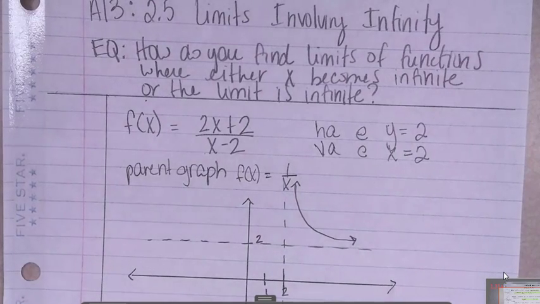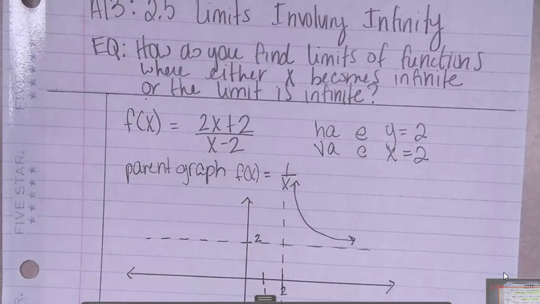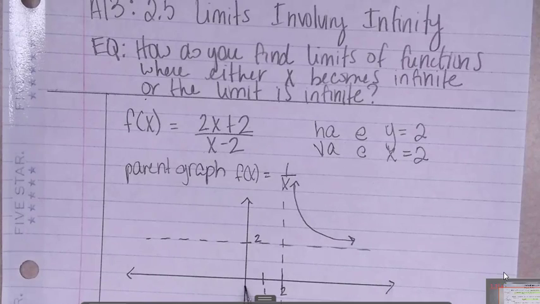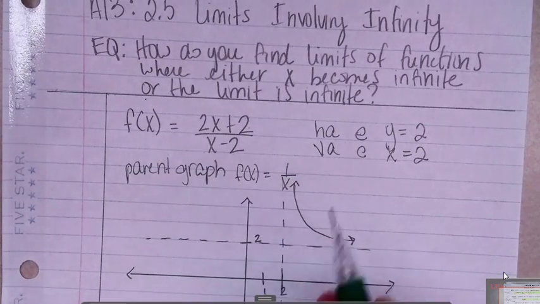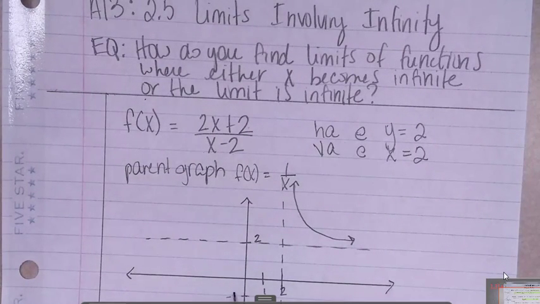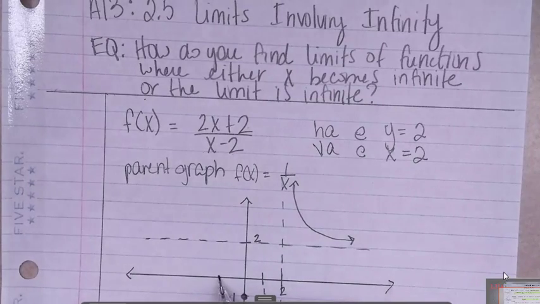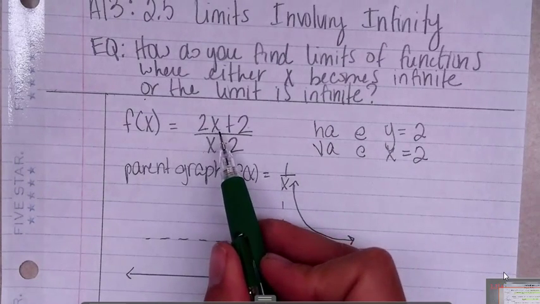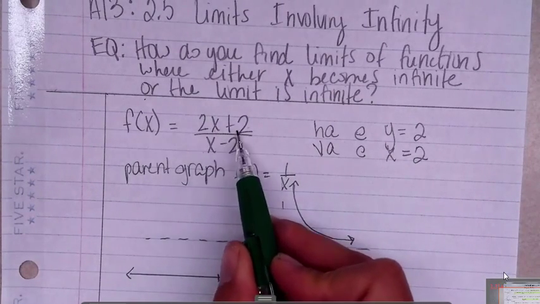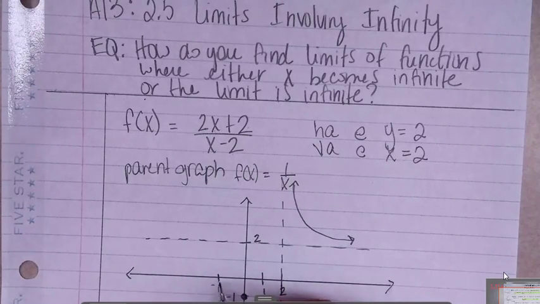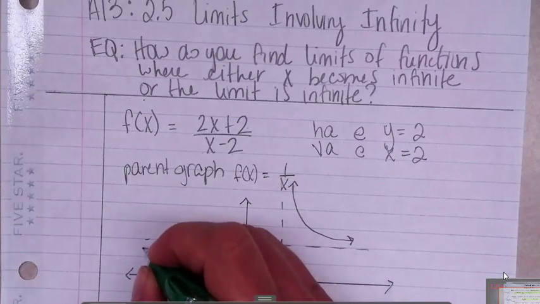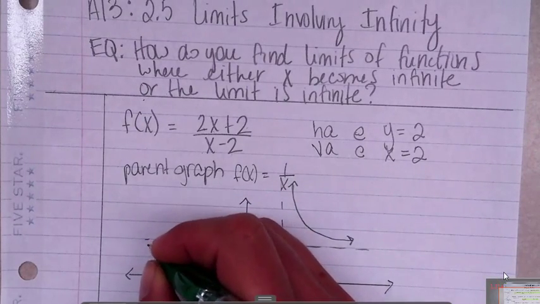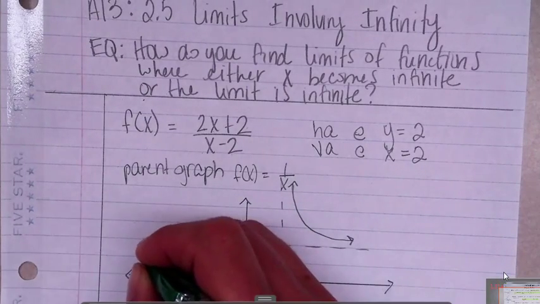I can get a better idea of what my values are. So for example, if I plugged 0 in for x, I'd have -1. And let's plug -1 in for x. If I plug -1 in here, I get 0. So I know that's another point. So you can make it a little bit more exact, but I know that it's going to be approaching my asymptote from both sides.